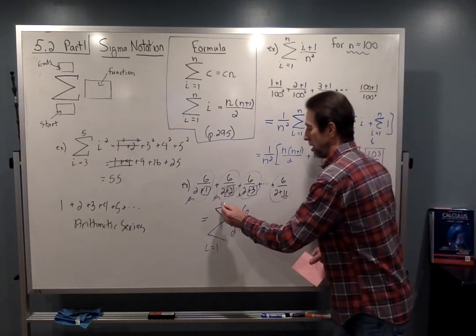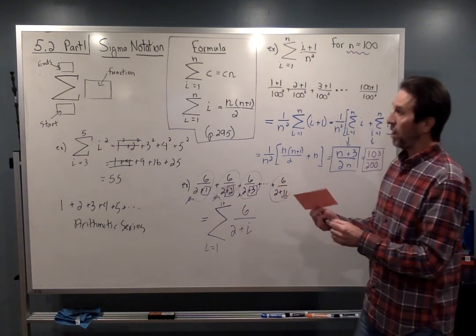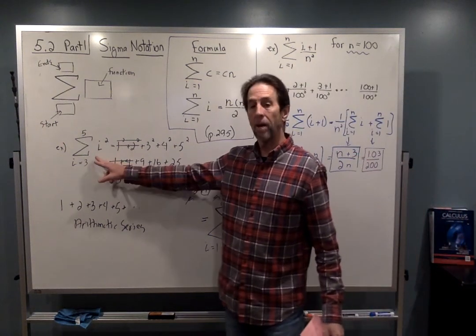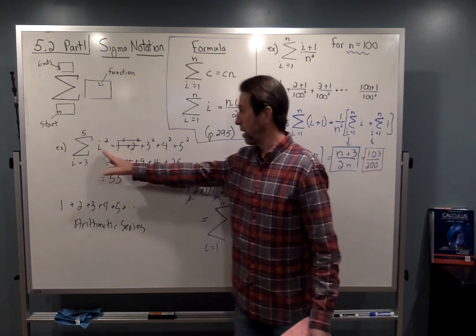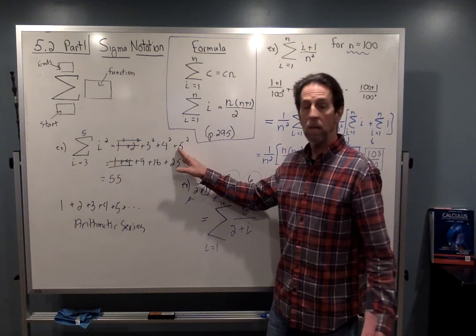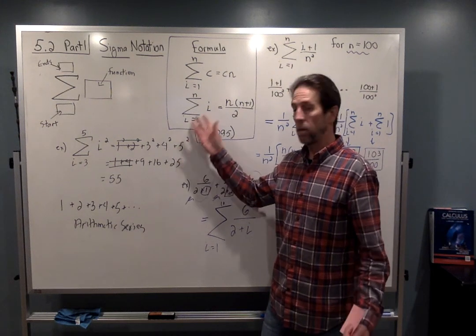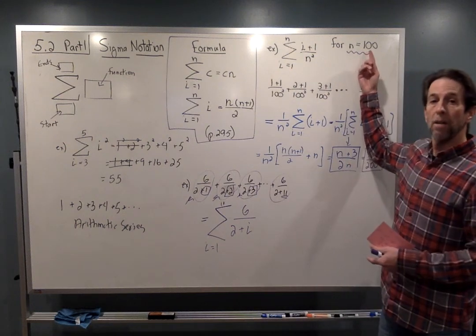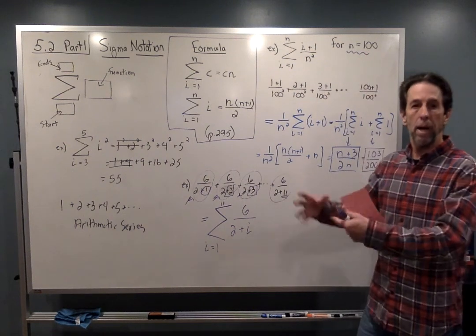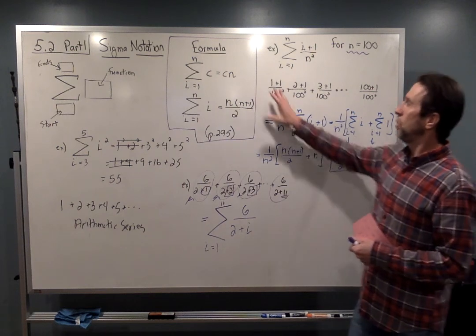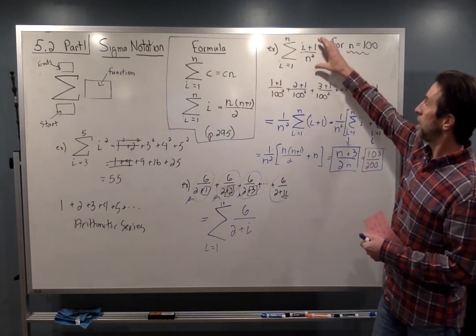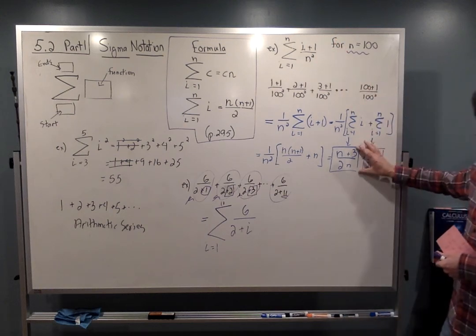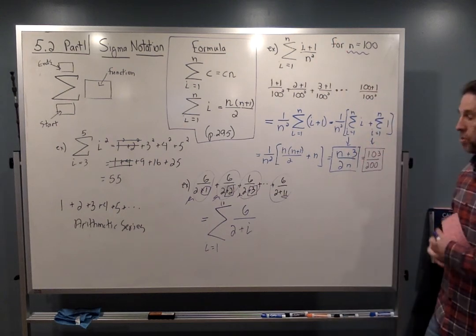So, in closing, part 1 of section 5.2, you will see in your problem set several problems that will ask you to evaluate summation. You can either expand them all, which in many cases is fine, and add them together. That's all it means. If it gets to the point that we're trying to find so many of them added together that we don't want to do that, we may use these formulas to try to transform one sigma notation into a much simpler formula, and then just put the number in that's required.